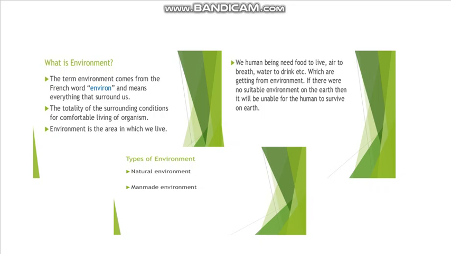If the temperature is very high and there is no water, the number of animals and plants will decrease, because they cannot survive where conditions are not suitable. The shape of the land, or landscape, also affects living things, whether it is a plain area or a hilly area.